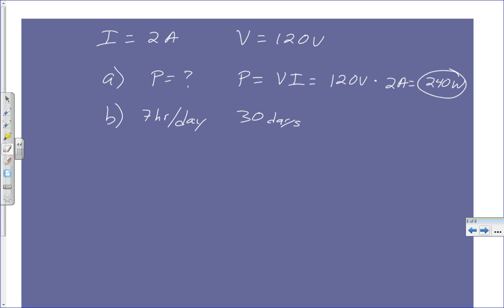We want the energy used in kilowatt hours. Energy again is power times time. To get it in kilowatt hours, we simply have to put the power in kilowatts. If we have 240 watts, there's 1,000 watts in a kilowatt, so that would be 0.240 kilowatts.